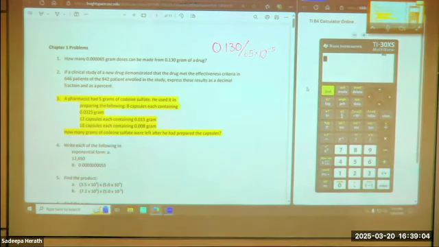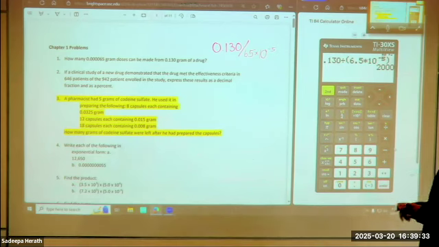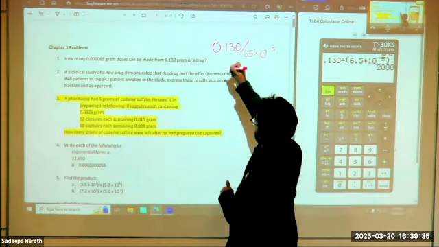We're going to use our trusty calculator here, which is pretty similar to the one we're supposed to be using. 0.130 divided by 6.5 times 10 to the negative 5 equals 2,000. So the answer for that is 2,000.